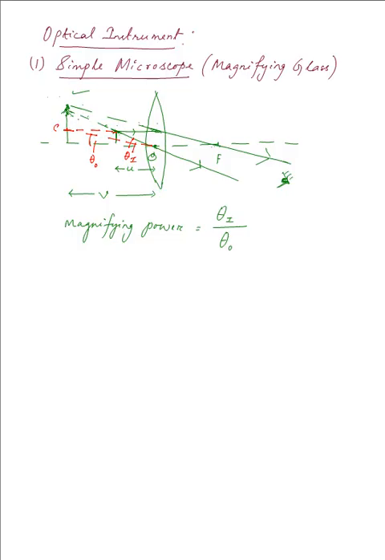Now, a normal human eye can observe any object distinctly at the least distance of distinct vision, and that is equal to 25 centimeters for a normal human eye. You can distinctly view an object at this distance. If it is something less than that, then the distinction won't be correct or precise.